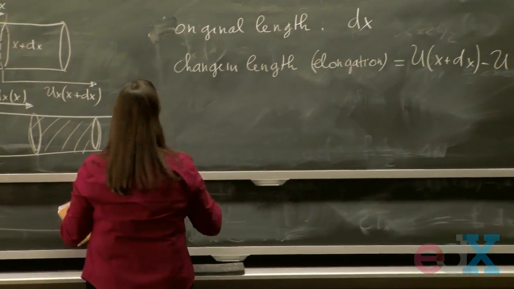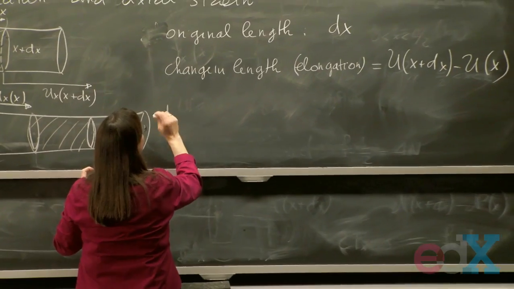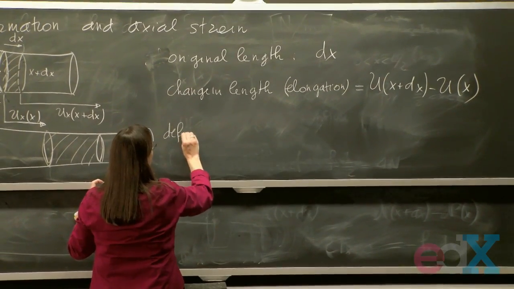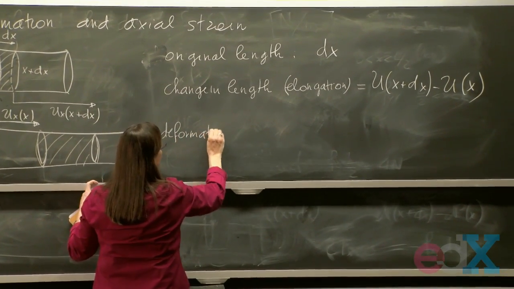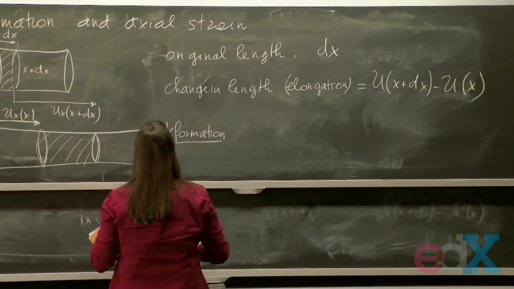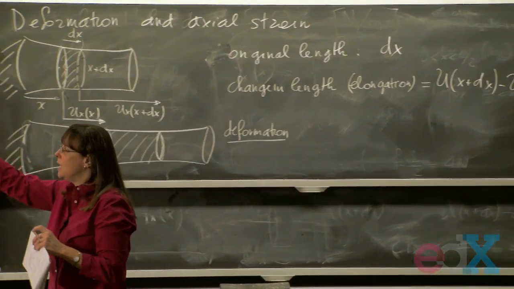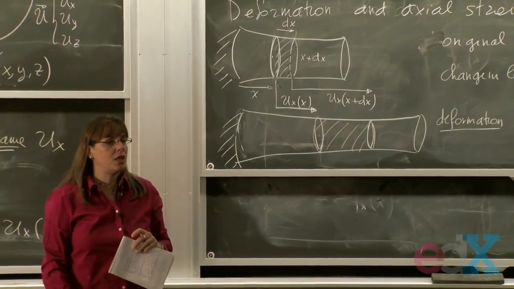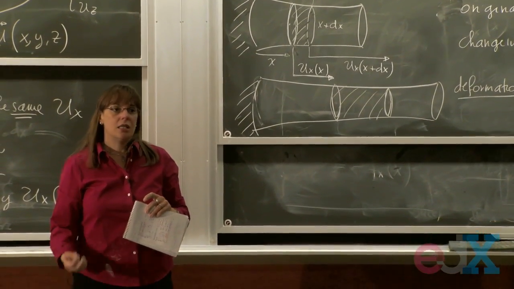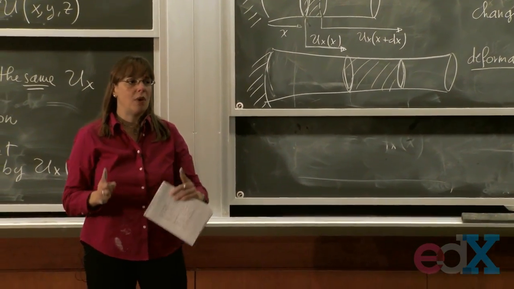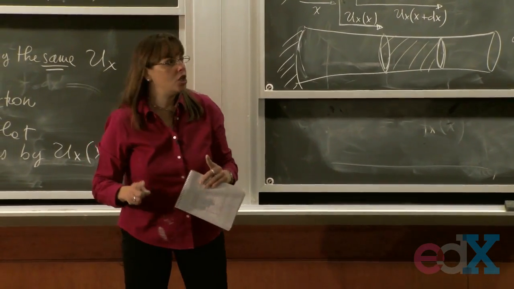Okay, so now we're ready. What is the deformation measure? Remember how we defined the deformation measure in the case in which everything was uniform, the thing that we did yesterday, right? The measure of deformation is how much I change in length divided by my original length.